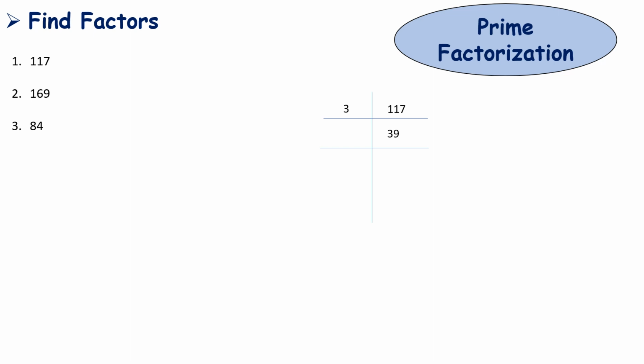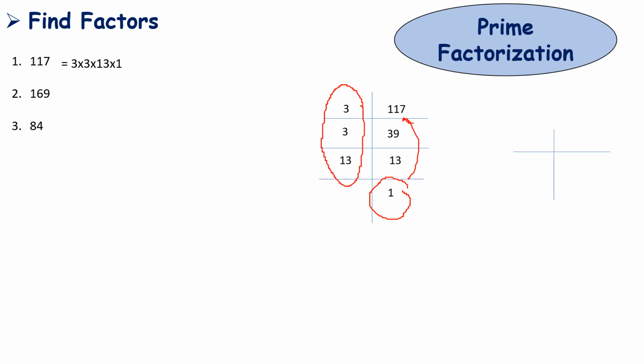In the prime factorization method, we consider only prime numbers here. 3 times 13 is 39 and 13 times 1 is 13. So all these numbers along with 1 are factors of 117. So we will write it here as 3 into 3 into 13 into 1. So these are the factors of 117.